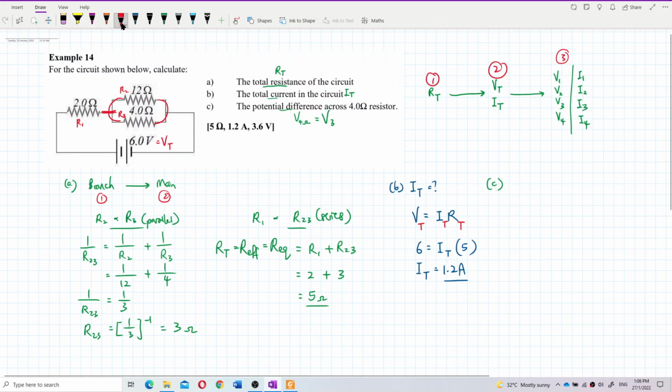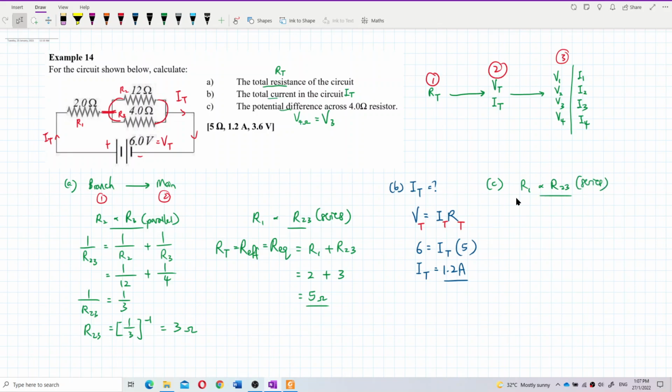This is the positive, negative. The total current will pass through all the resistors, because R1 and R23 are in series. Maybe I can write it like this: R1 and R23 are in series.